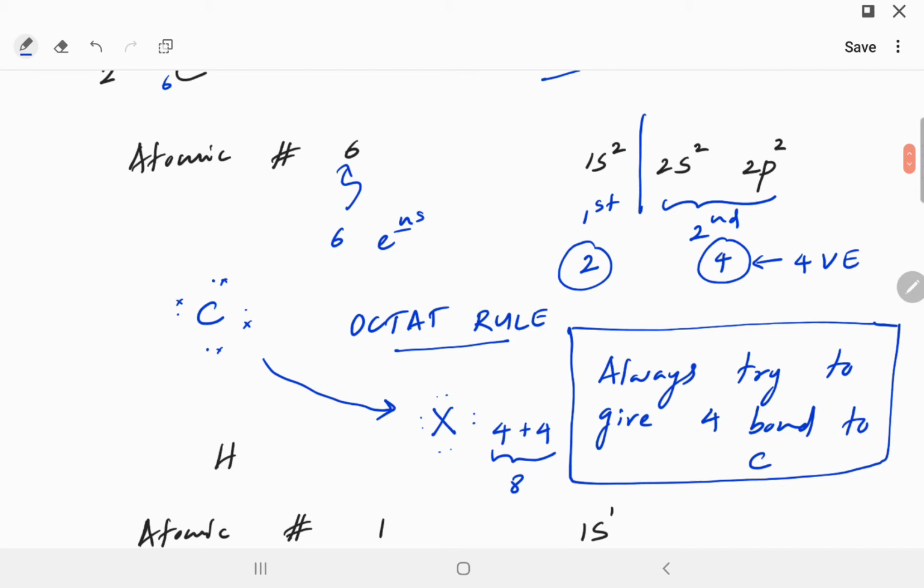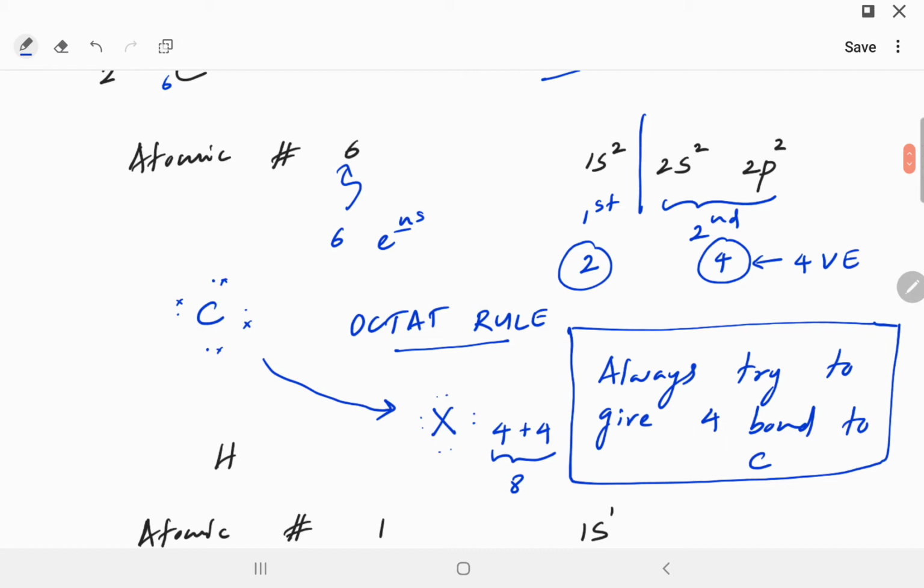Carbon is in group 4A, which means it has 4 valence electrons. In order to obtain the octet rule, or achieve the noble gas configuration, carbon needs to pair up its 4 unpaired electrons in the valence band. That means it needs 4 bonds.